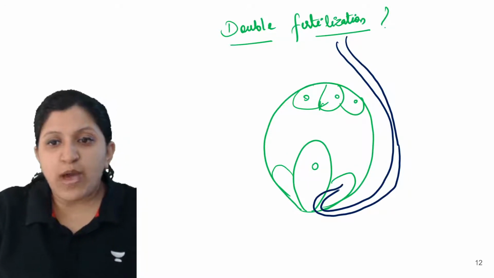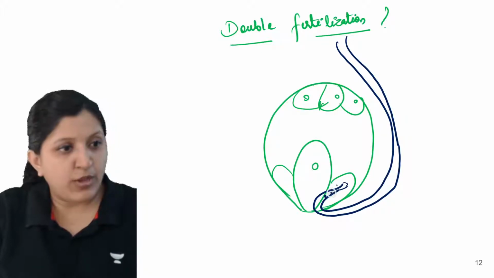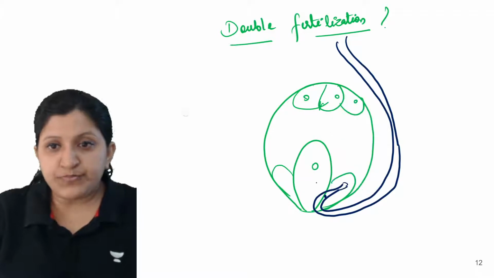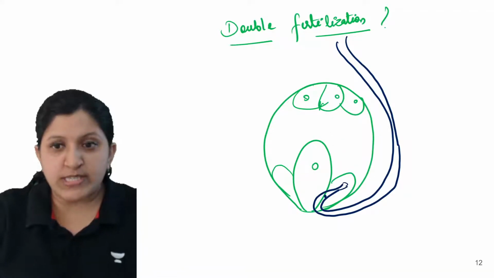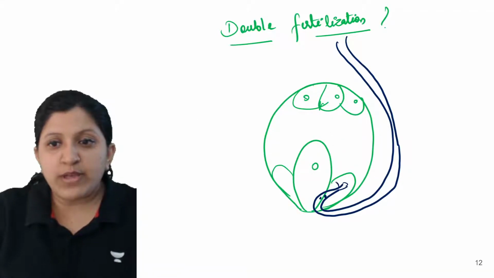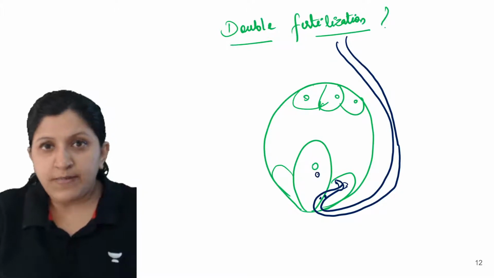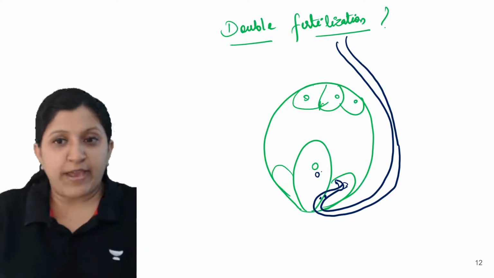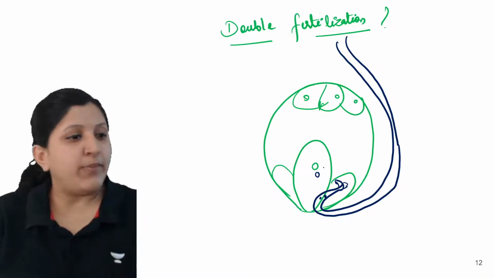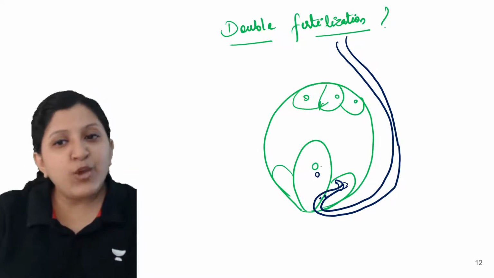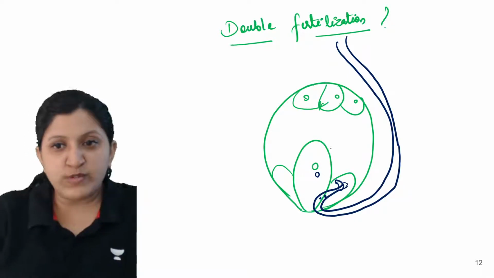All right, so as soon as it enters, it will have 2 male nuclei. This particular pollen tube is going to grow inside, and it will release the male nuclei at the site of the egg nucleus. That means male nuclei and female nuclei are fusing here.